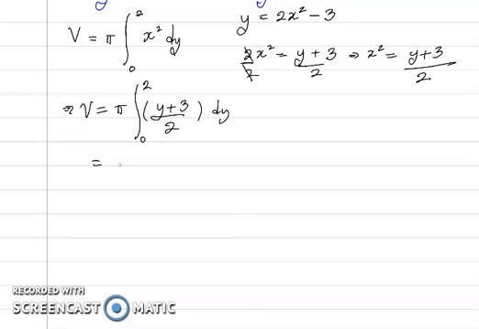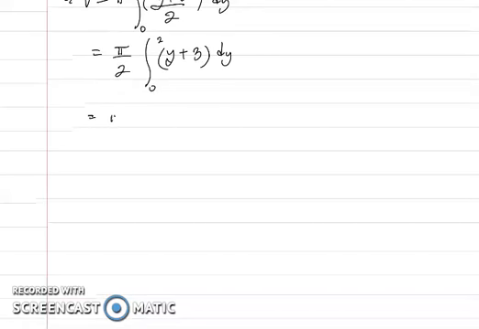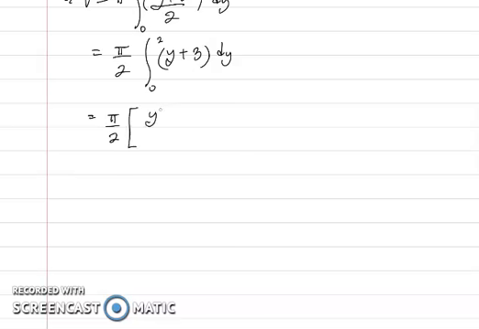So this would be equal to pi over 2, the integral from 0 to 2 of y plus 3, which I'm integrating with respect to y. If I integrate y, I'm going to get y squared divided by the new power, which is 2. And if I integrate 3 with respect to y, I'm going to get 3y. And the limits are y is equal to 0 and y is equal to 2.